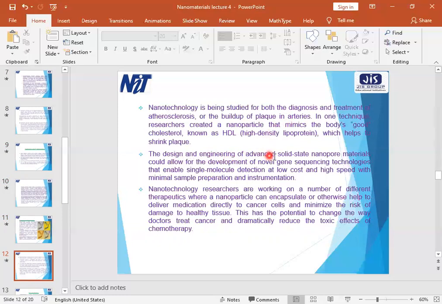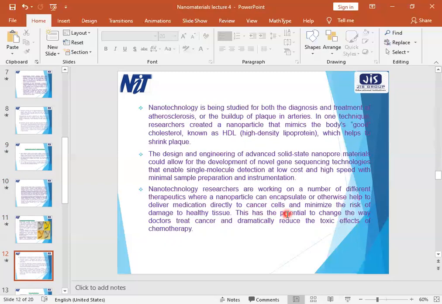The design and engineering of advanced solid state nanoparticle materials could allow for the development of novel gene sequencing technologies that enable single molecule detection at low cost and high speed with minimal sample preparation and instrumentation. You see, nanotechnology researchers are working on a number of different therapeutics where a nanoparticle can encapsulate or otherwise help to deliver medication directly to cancer cells.